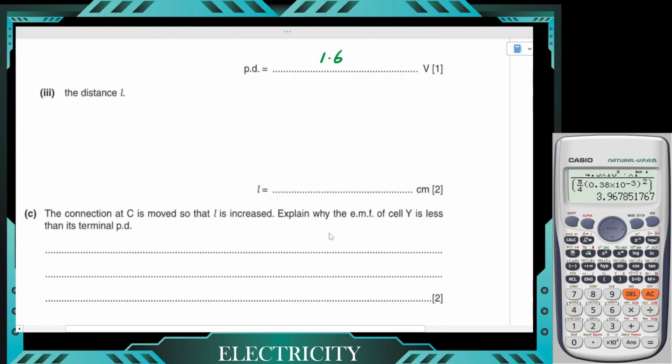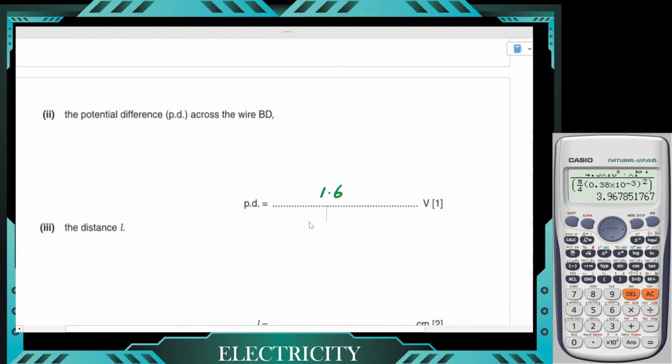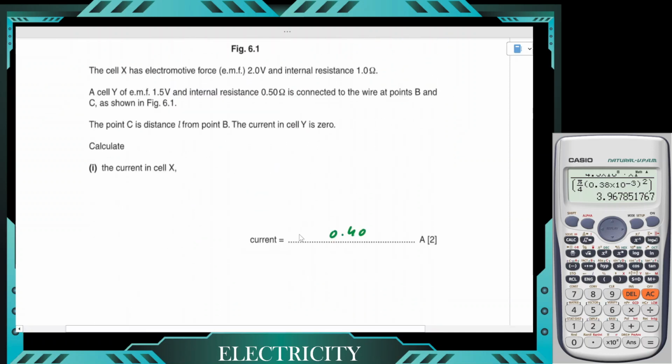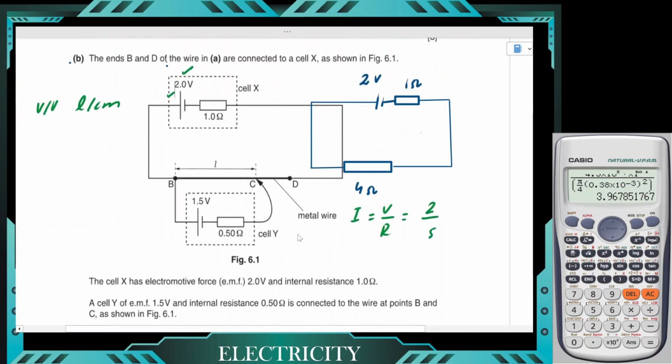And then the last part, the distance L, which is actually the question of the potentiometer now. So we need to find the distance L, this one. So very simple. We'll use the ratio method, our favorite one, in order to solve these sort of questions. We have voltage on one side, we have length on the other side. So the total voltage across the wire BD was 1.6.